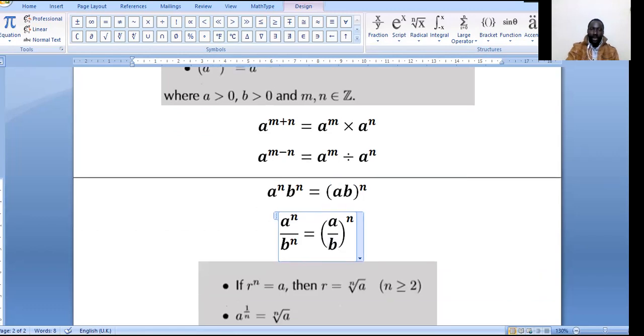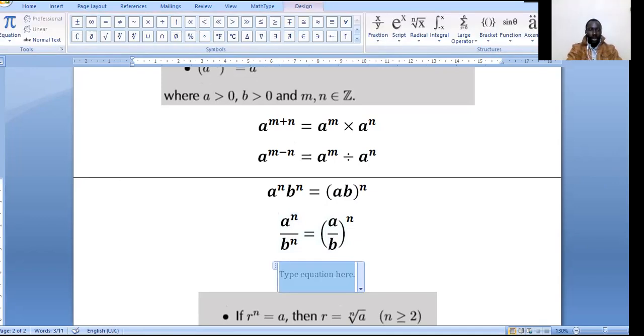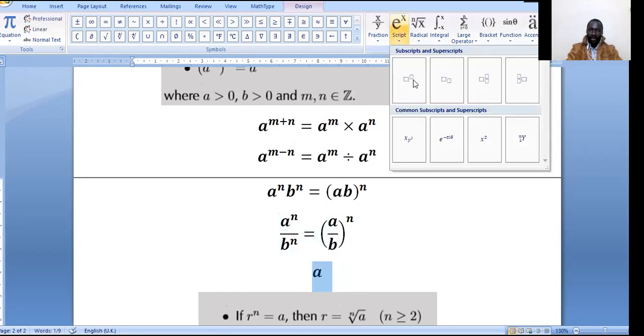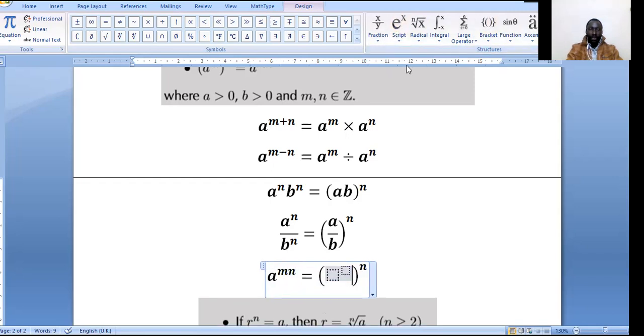For this expression, we can simplify it as indicated, and the reverse is also true, meaning if you have a with exponent mn, you can write this with the exponent n outside the bracket, and inside the bracket you have a with exponent m.